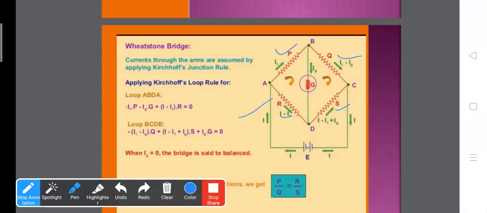You can see it in the figure. A sensitive galvanometer is connected between points B and D. This is the galvanometer. We will discuss the galvanometer later. Now a battery is connected between terminals A and C. Clear?